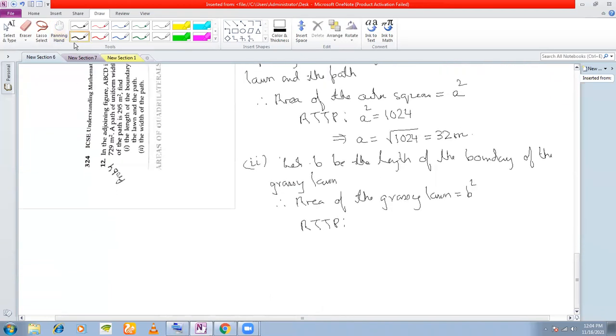So B square must be equal to 729. Therefore, what is B? Square root of 729. Again, you can find the square root of this by prime factorization method or by division method. It will be 27. Okay. So the square root, if you find out, this will be 27 meters.